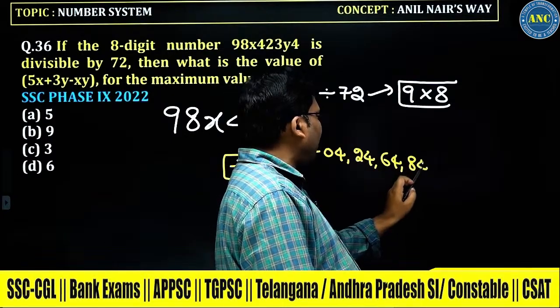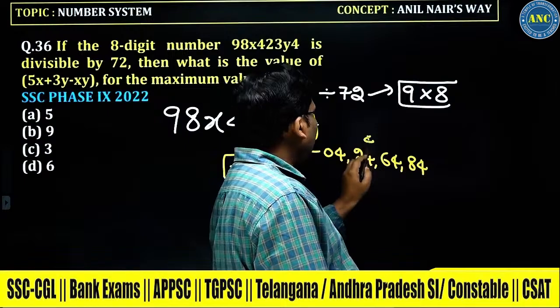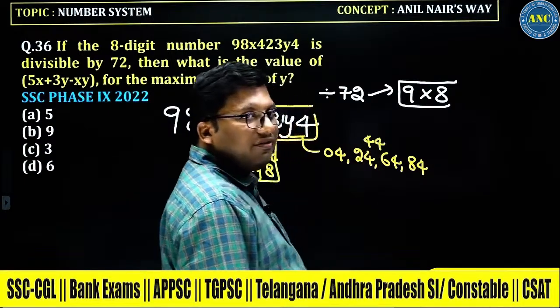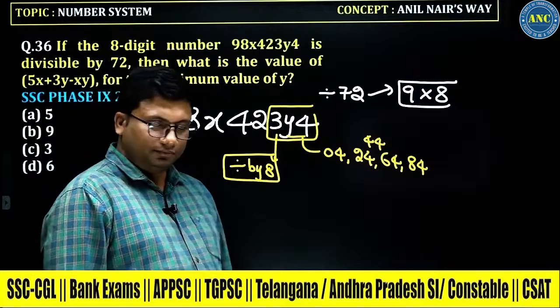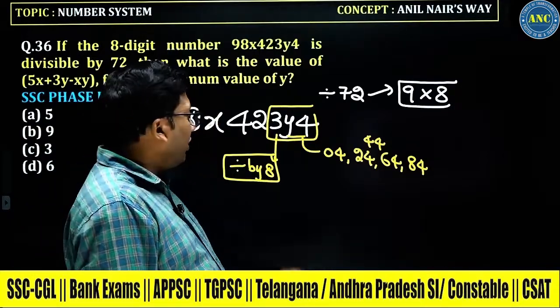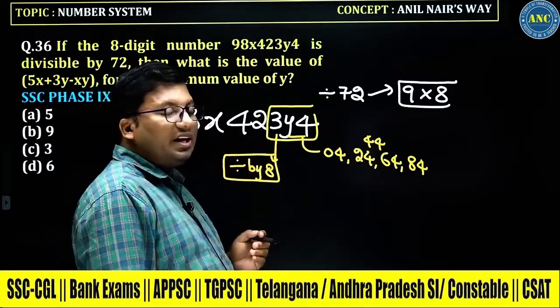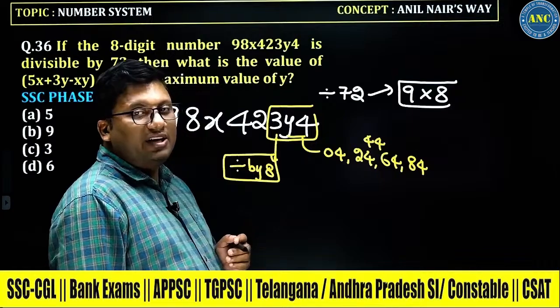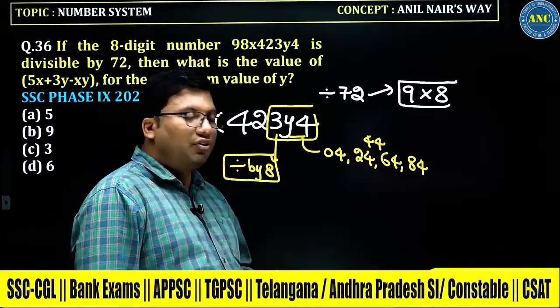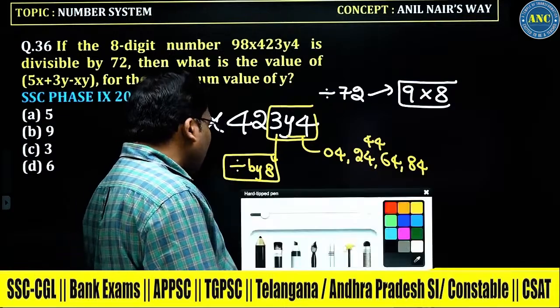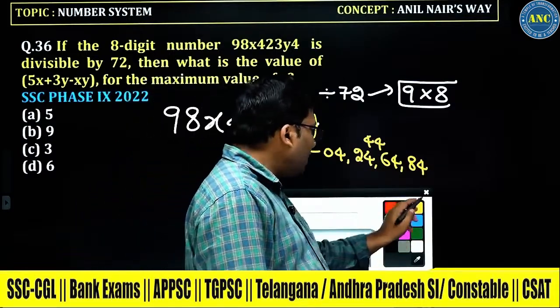That means y can take any even digit, including 0: 0, 4, 24, 44, 64, 84.